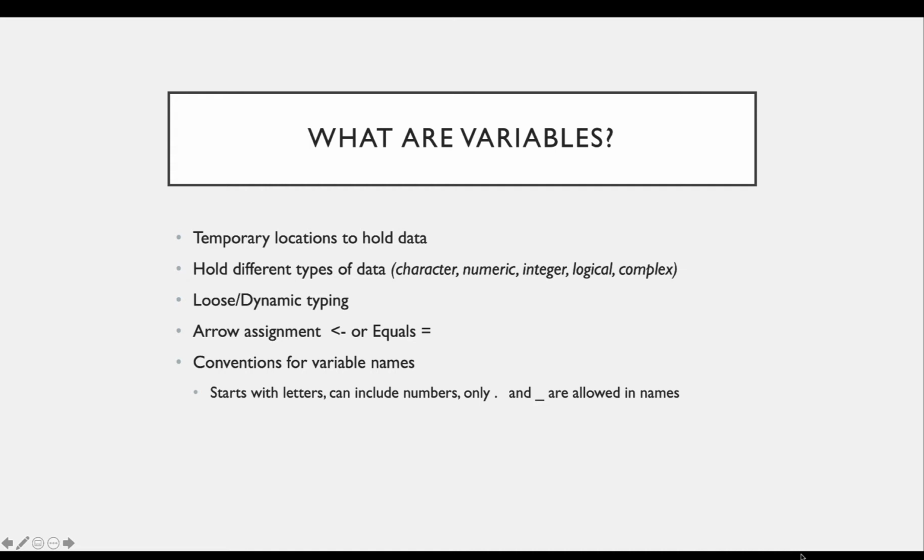Now, associated with variables, there is something known as the type of the variable. Most programming languages are either strongly typed or loosely typed. So let's start by talking about what a strongly typed programming language is. A strongly typed programming language is a language where, when you declare or define a variable, you tell the program, you tell the script, you tell the computer, in fact, that this variable can hold data of a certain type.